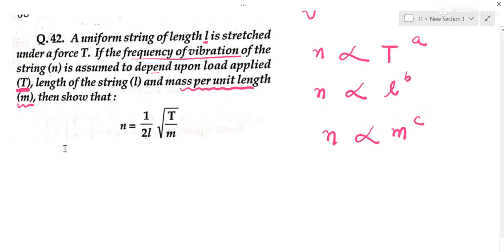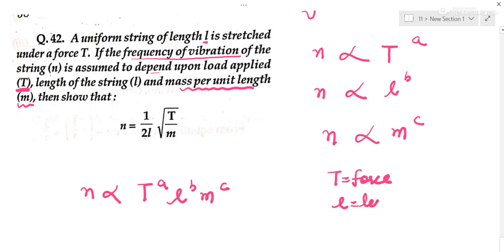Okay, we will combine these three equations. It is coming as T to power A, L to power B, M to power C. Just be sure T is force, L is length, and M is mass per unit length.